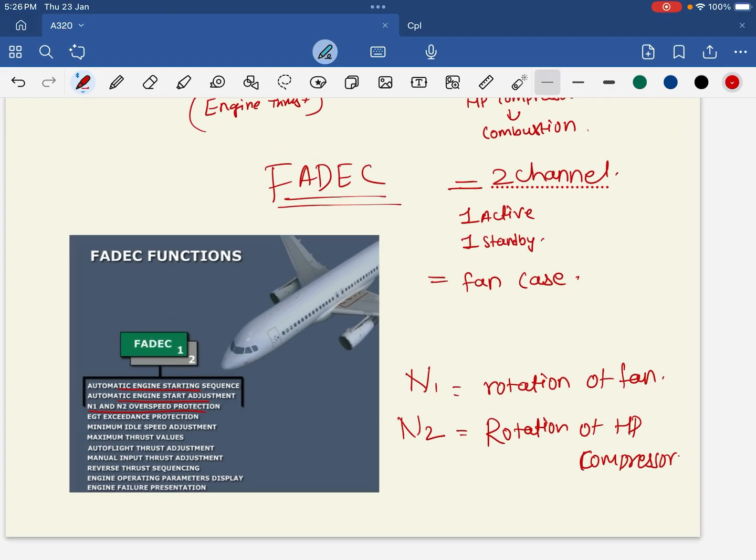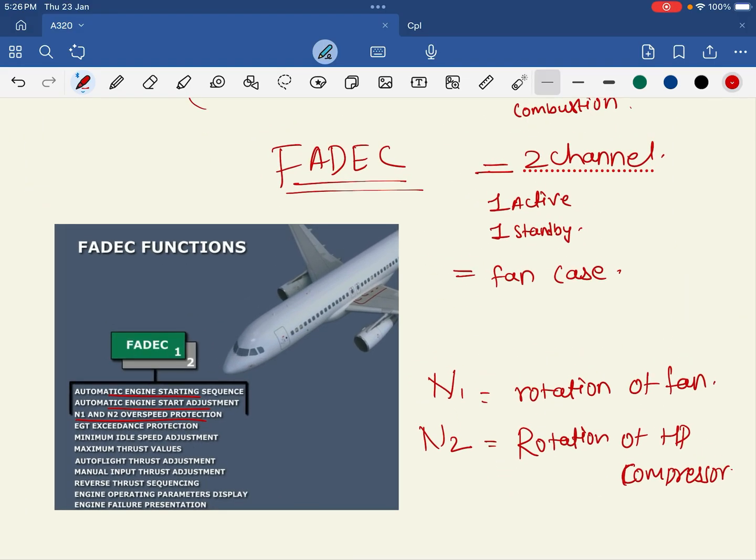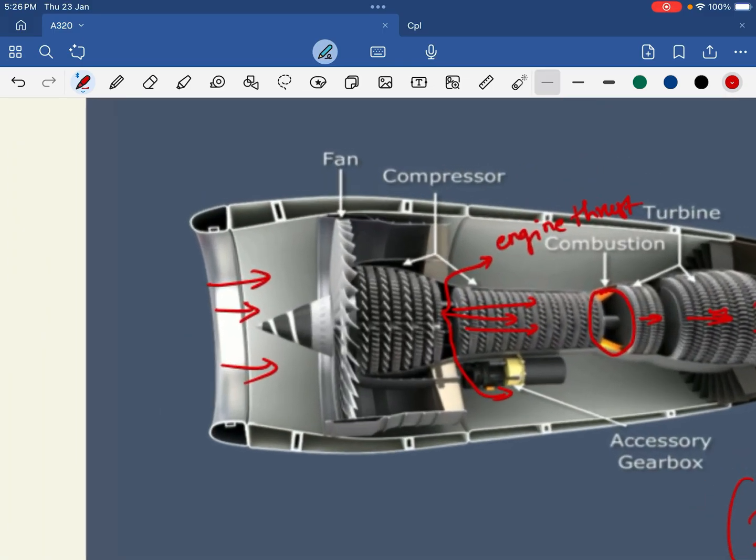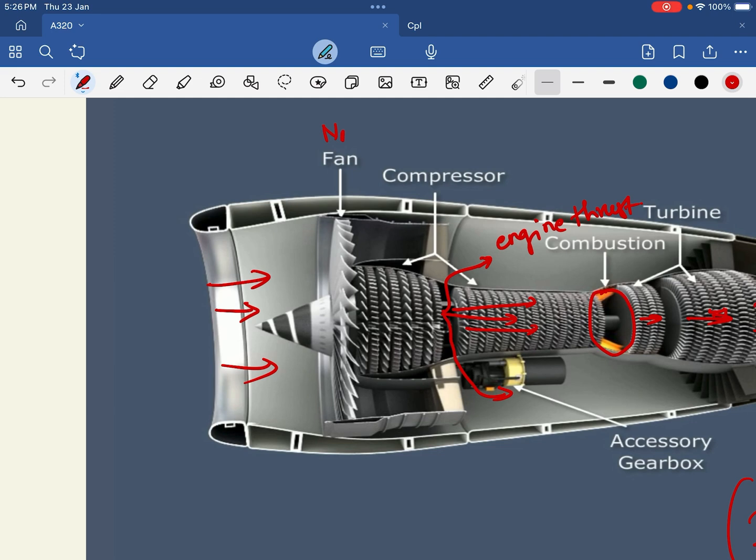N1 is measured from here. This is N1 and this is N2.